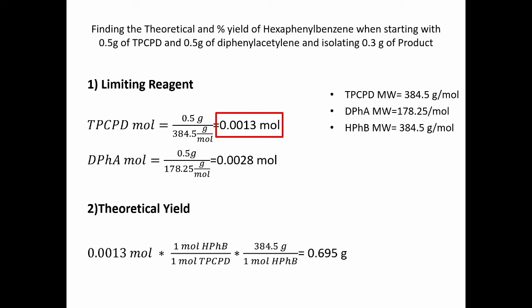And every 1 mole of hexaphenylbenzene is about 384.5 grams. So in the end, the calculation is 0.0013 times 384.5 grams, and that leaves us with 0.695 grams of hexaphenylbenzene, or 695 milligrams.